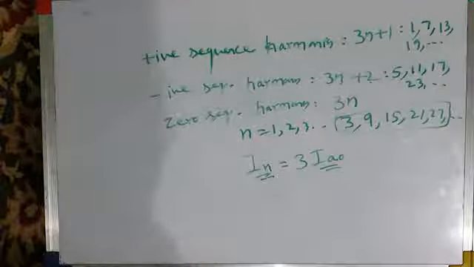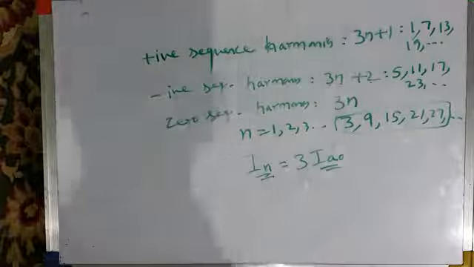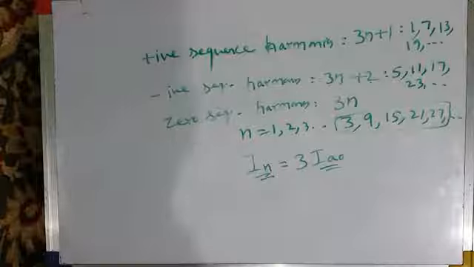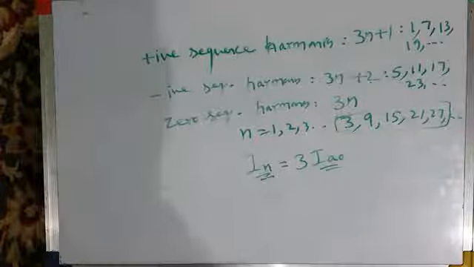So summarizing what we have learned in this lecture: we have considered today's third case, a three-phase balanced non-sinusoidal system. In a three-phase balanced non-sinusoidal system, we have seen that there are harmonics in voltages as well as currents.